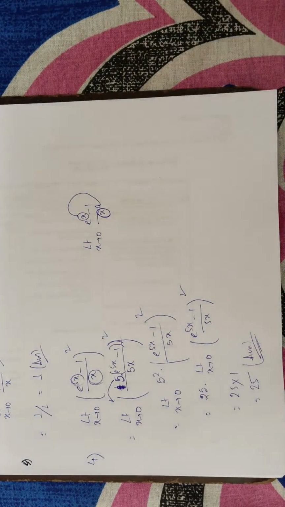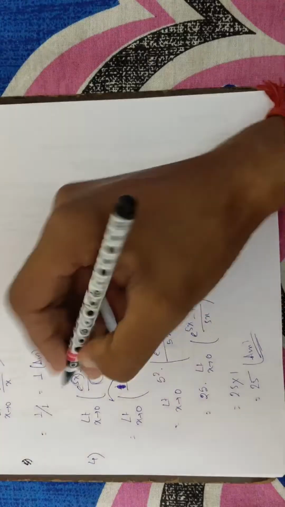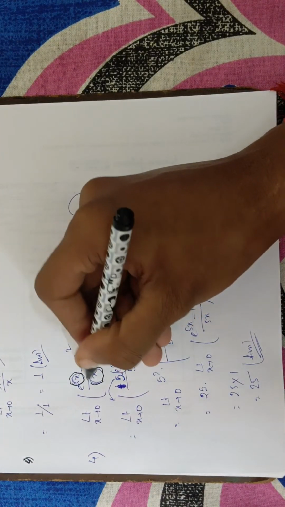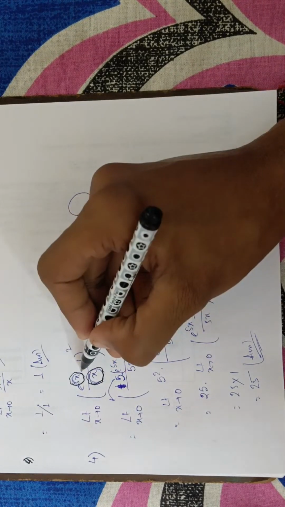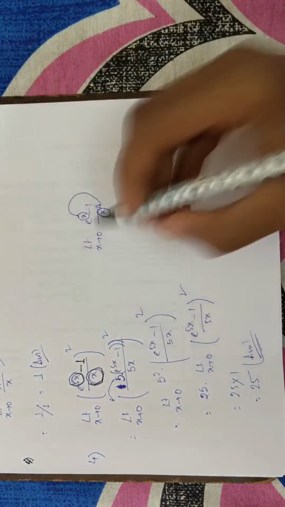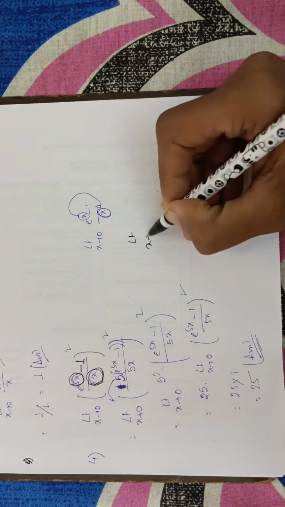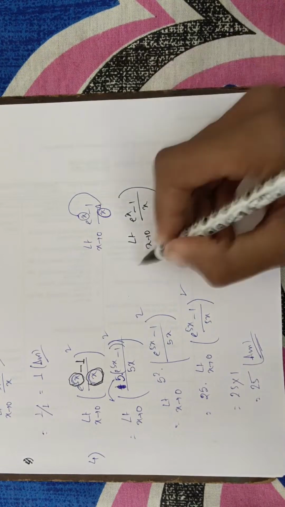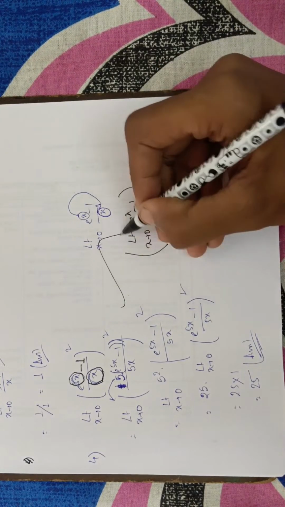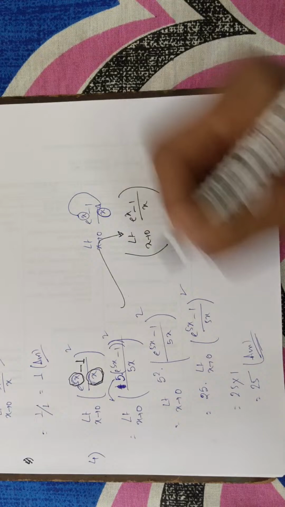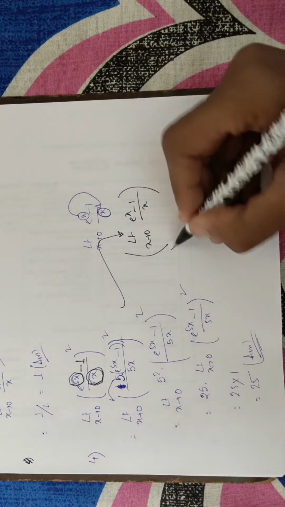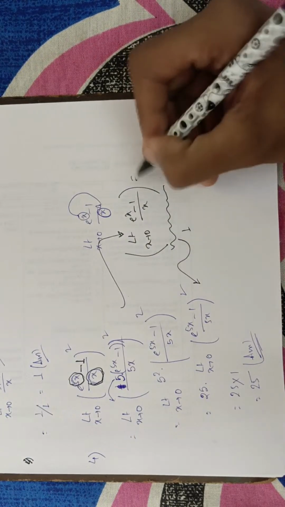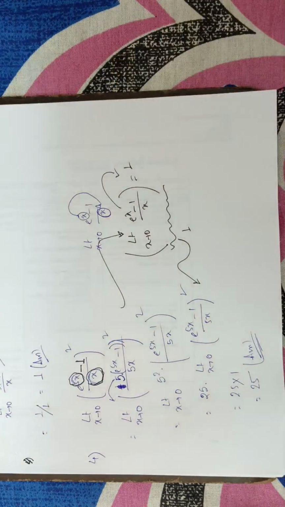So we have to check that the exponent's value is the same as the denominator and the expression has minus 1, meaning we take it as (e to the power x minus 1) upon x. We can just try to replicate this to the expressions. If we do so, then we can apply the value as 1, because we know that this expression's value is 1.